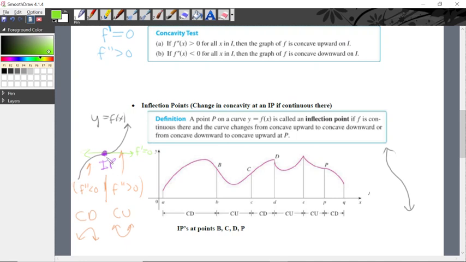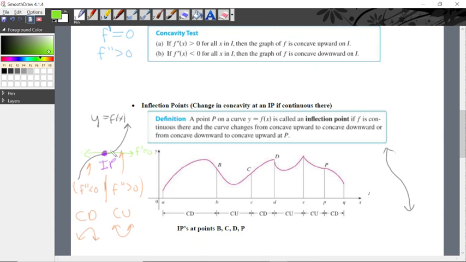So in fact, the second derivative doesn't even really need to exist at the inflection point. It's the function, the curve itself, that has to exist at the inflection point. So one way we can locate where an inflection point occurs is to consider whether we have any points where the second derivative is equal to 0, and then we can test around that, just like we did with critical numbers for the first derivative.